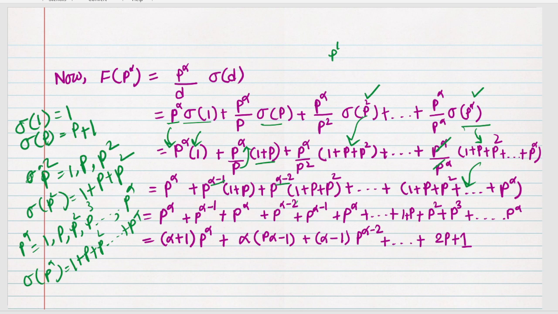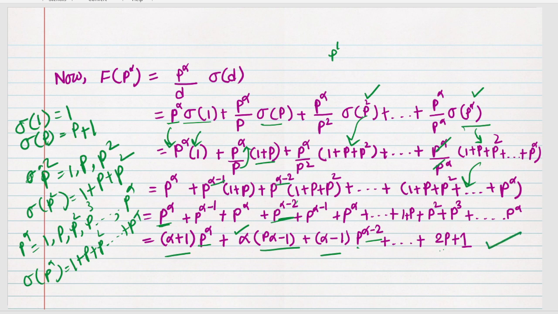We have p raised to the power alpha, p raised to the power alpha minus 1, and so on. Counting how many times each appears: p raised to the power alpha appears alpha plus 1 times, p raised to the power alpha minus 1 appears alpha times, p raised to the power alpha minus 2 appears alpha minus 1 times, and so on, p repeats 2 times and 1 repeats 1 time.